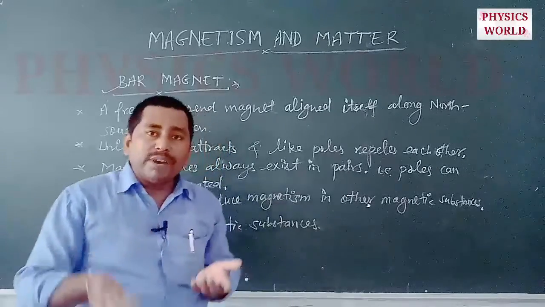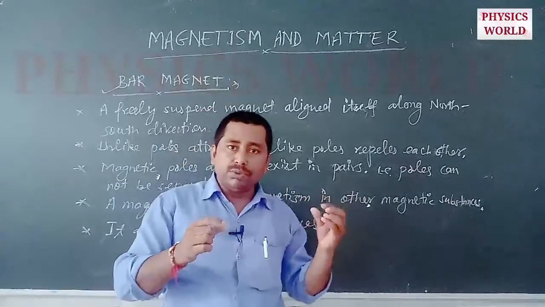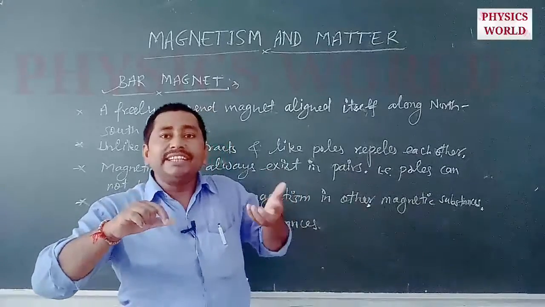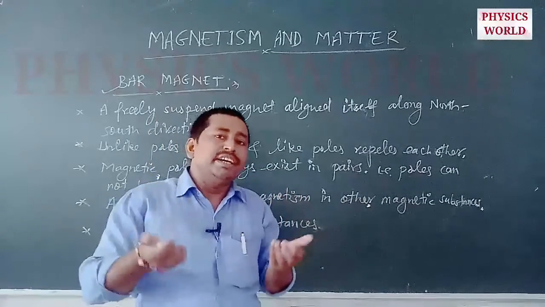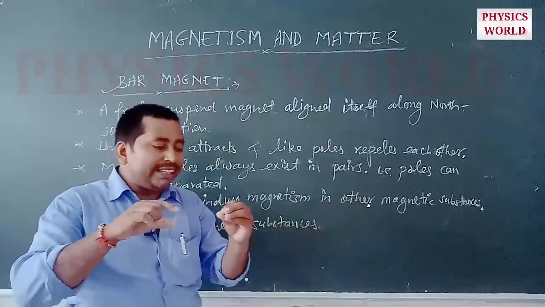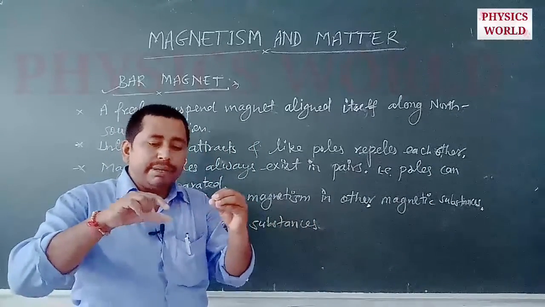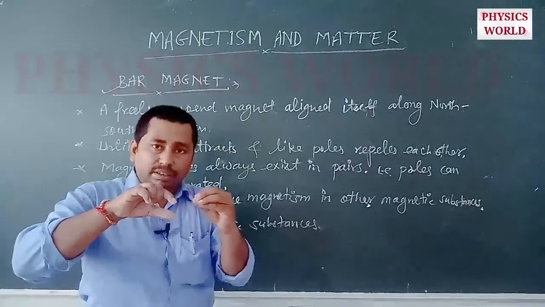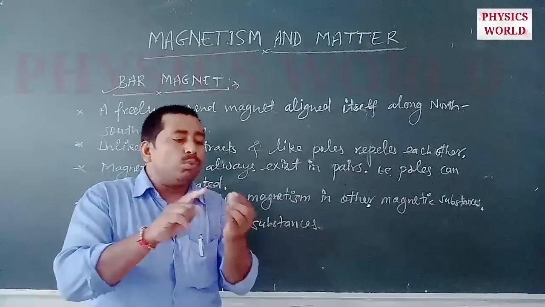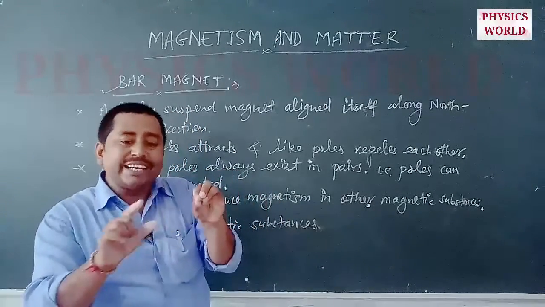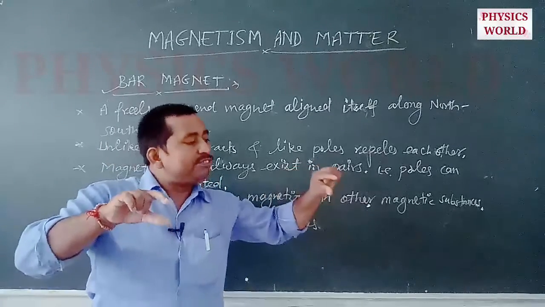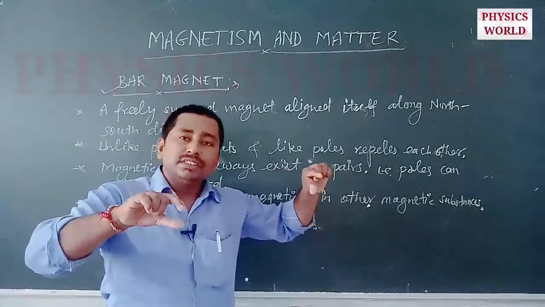Then how can we tell that this magnetic substance is magnetized? It can be easily assumed that when the magnetic substance is placed near one pole of the magnet, it becomes magnetized, and the end near the north pole becomes south, and the end away from the north pole becomes north.